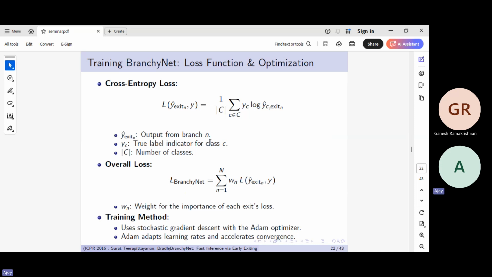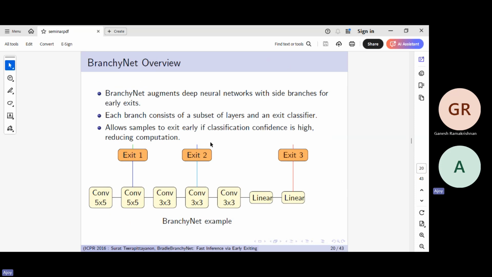No, each exit. Branches are selected at some nodes, not at every node. In the paper they mentioned that these are some design choices, and we go to the later slides.